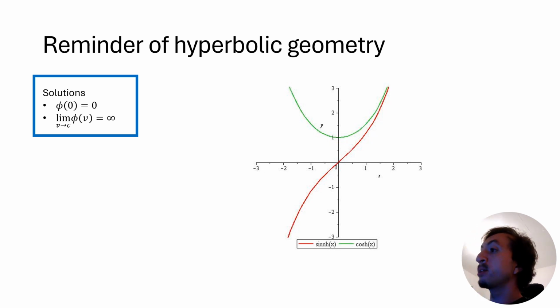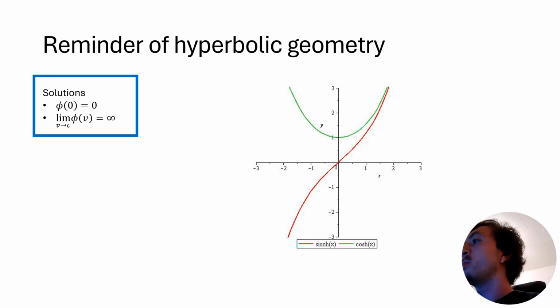So whatever expression we end up with for our Lorentz transform, the components should ensure that our hyperbolic angle phi as a function of velocity satisfies these conditions. When v is 0, the hyperbolic angle should be 0. And as v approaches the speed of light, the hyperbolic angle should approach infinity.